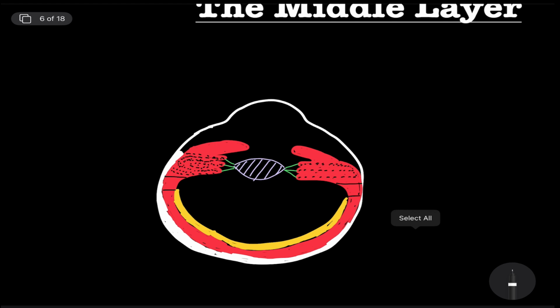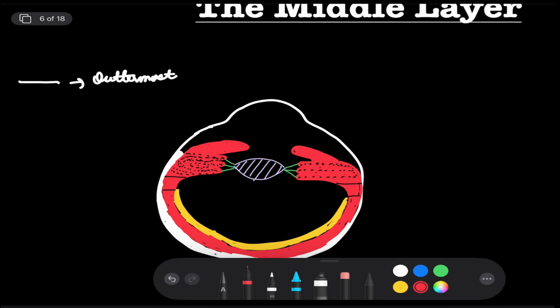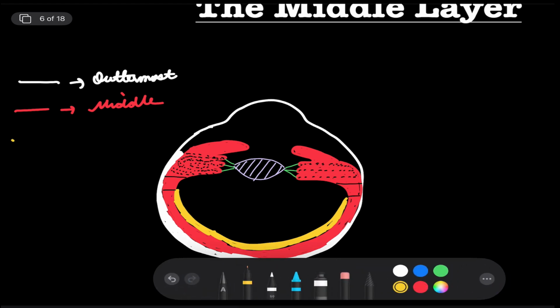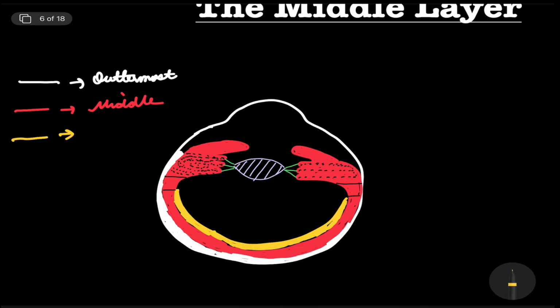Now, anything in white in this picture is the outermost layer. Just like that, anything in red in this picture is the middle layer. And anything yellow is the innermost layer.